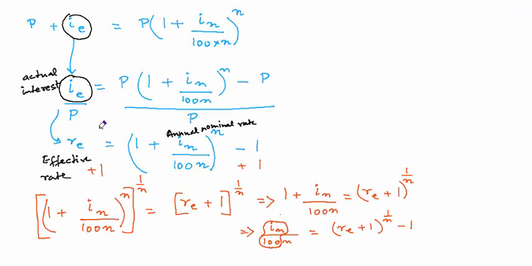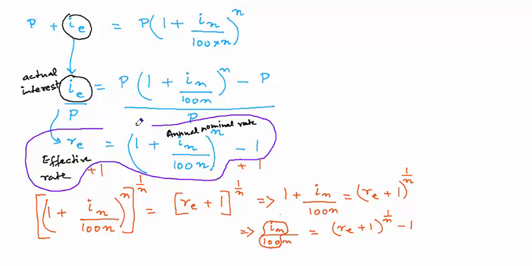We need to convert an annual nominal rate of interest of 11% to annual effective rate of interest. So essentially, it's an application of this formula out here. The effective rate is equal to 1 plus the annual nominal rate expressed as a decimal divided by the number of times it's compounded in a year, raised to the same number, minus 1.